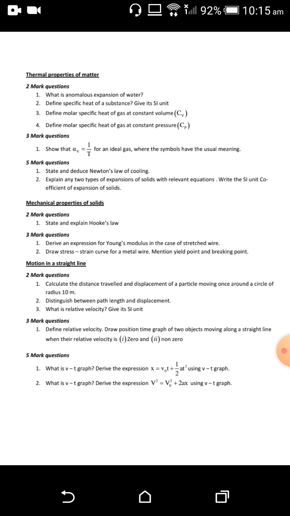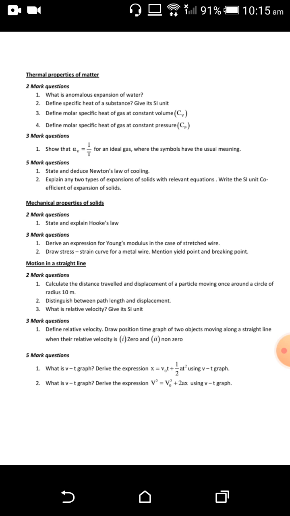Okay, so next is regarding specific heat of a substance. So what is specific heat? We define it as: specific heat capacity or specific heat of a substance is the amount of heat required to raise the temperature of 1 kg of substance by 1 Kelvin.